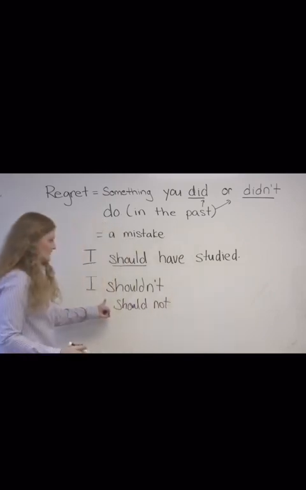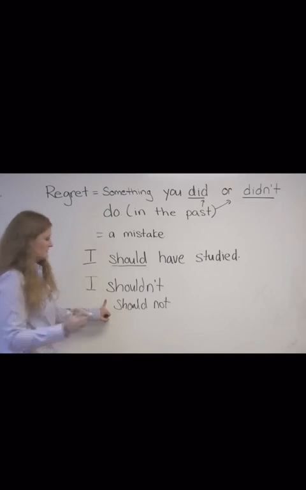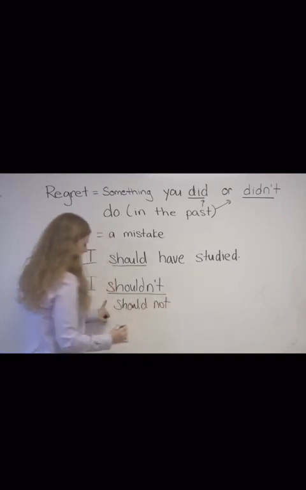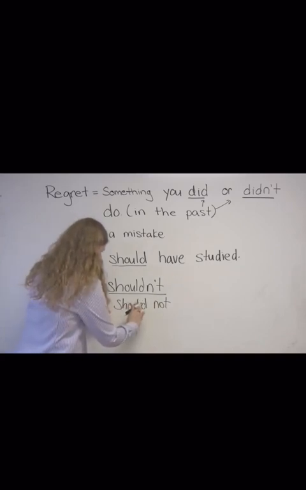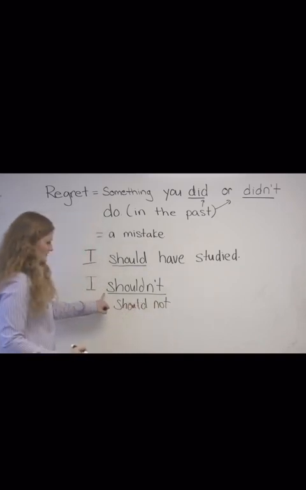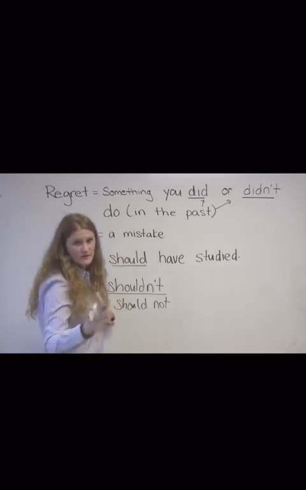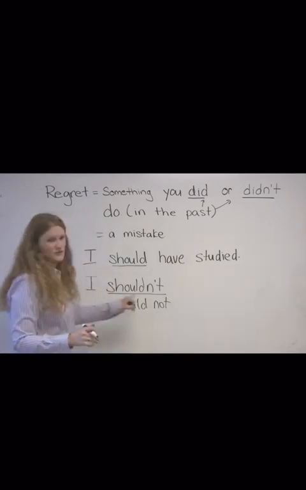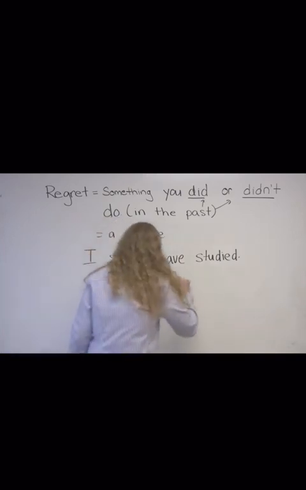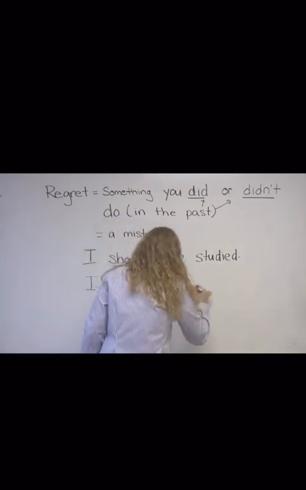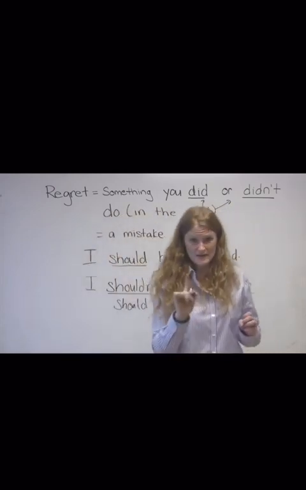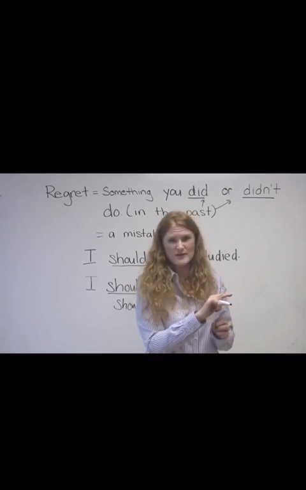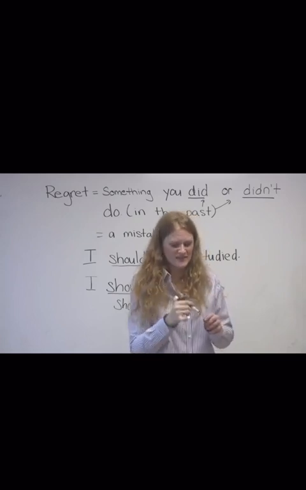Now, when we use words in English, sometimes we squish them together. So, instead of saying should not, we make it shorter and we say shouldn't. You're still going to use have. So, I told you that instead of studying, I went to the pub. I drank a couple pints.